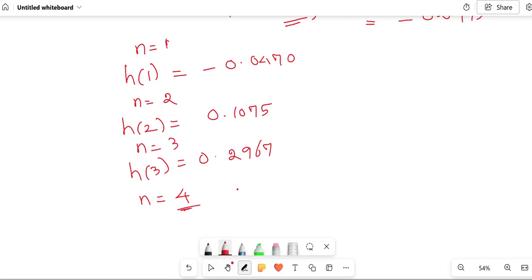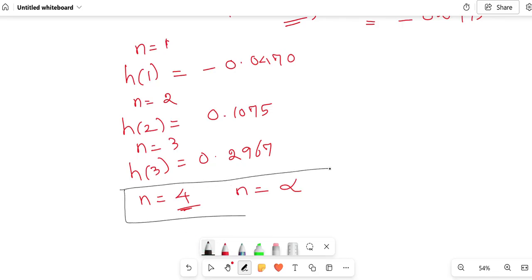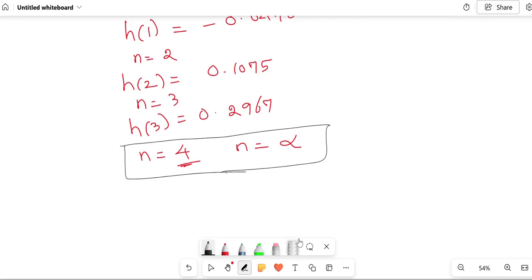In this condition n is equal to alpha. So in that case, what is h of 4? You have to write here. If n is equal to alpha, what is hd of n?